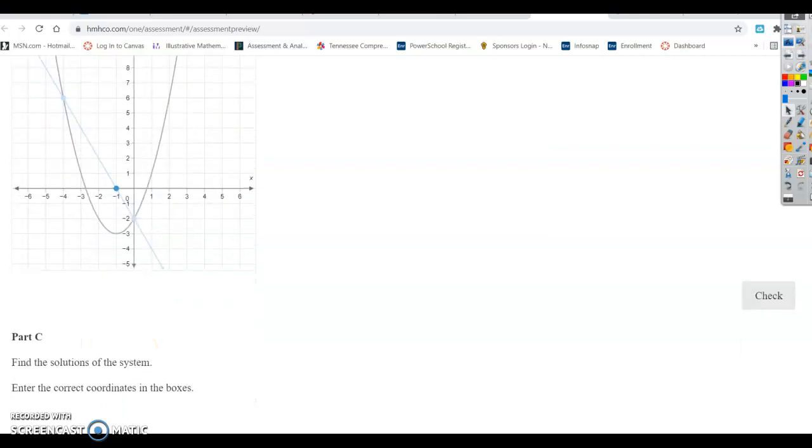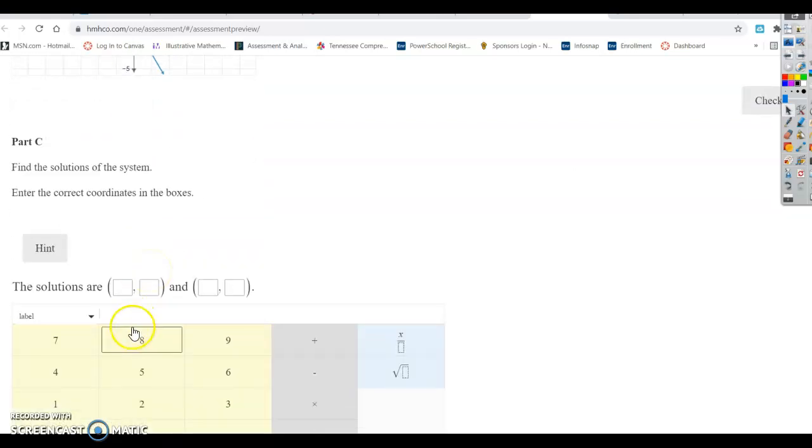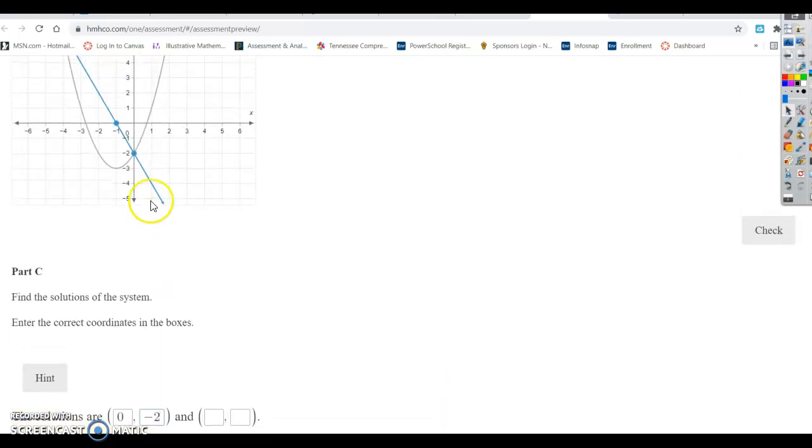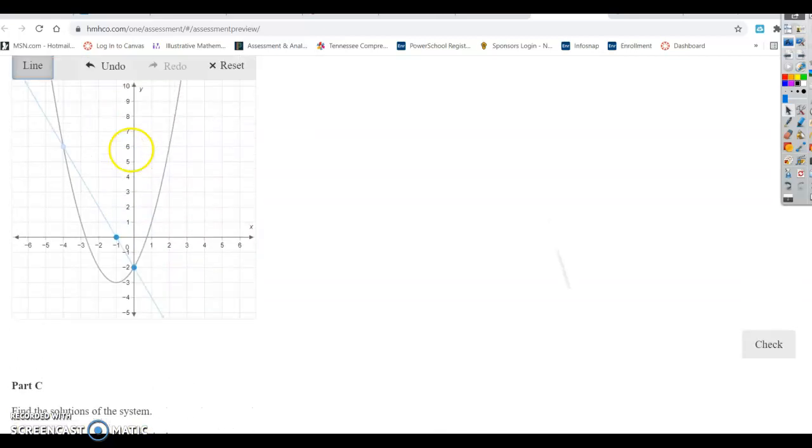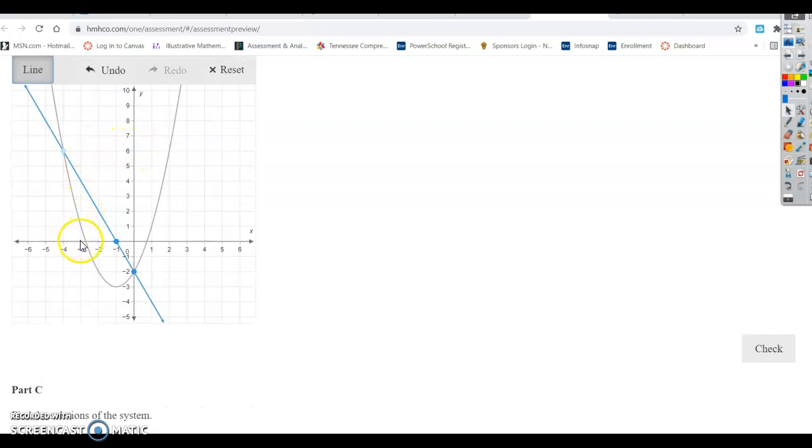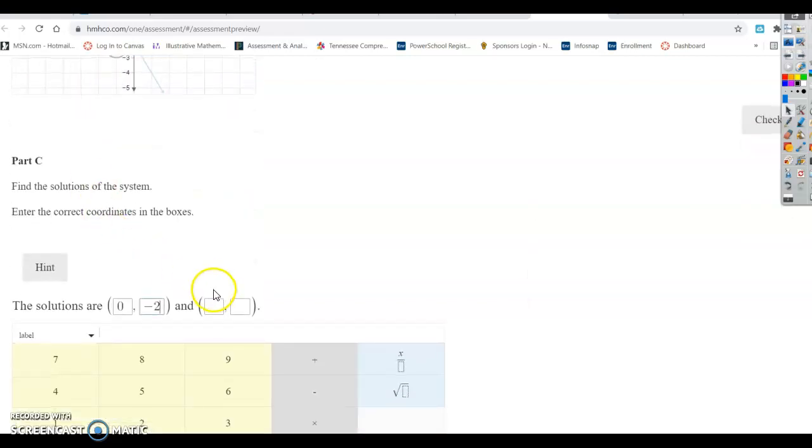So the solution would be 0, -2. That came from when the line hit the parabola right here. And the other intersection point is -4, 6.